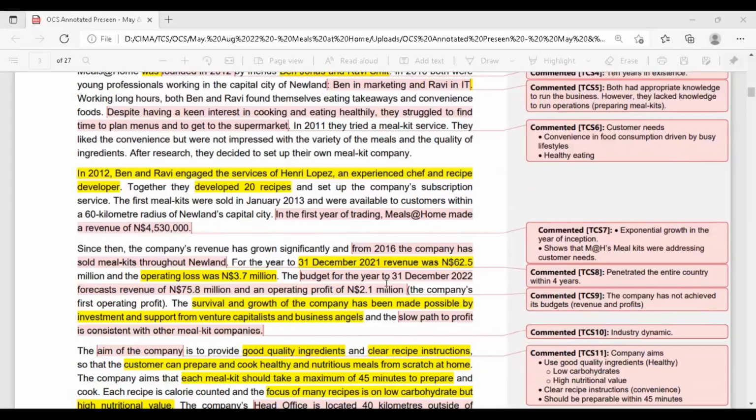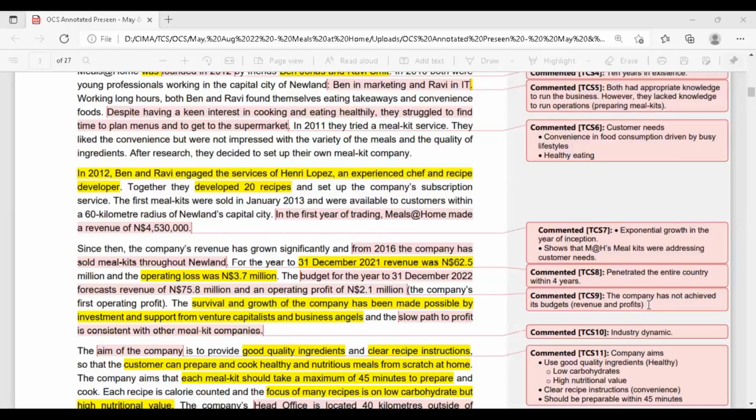And the budget for the year to 31st December 2022 forecasts revenue of $75.8 million and an operating profit of $2.1 million. Although these budgets are there, you should remember that the company has not achieved its budget in the past year, because the revenues are lesser than what was budgeted.